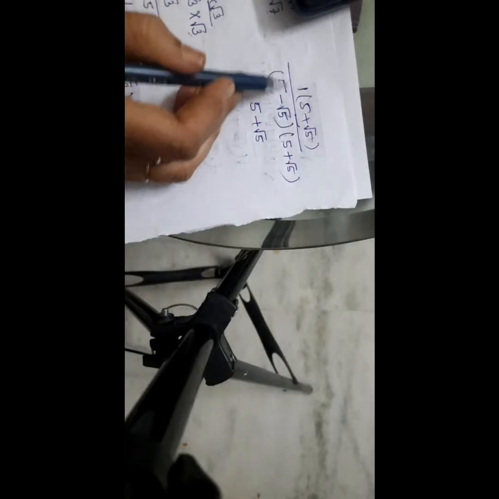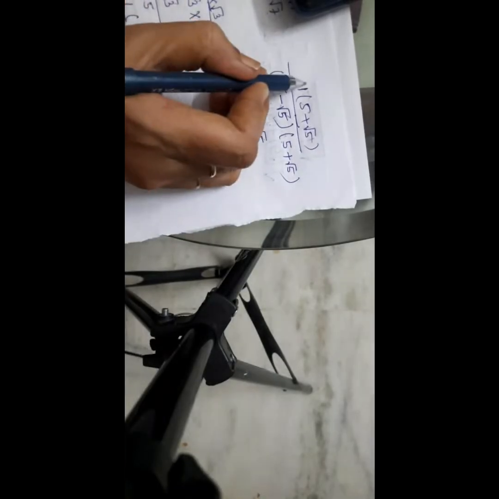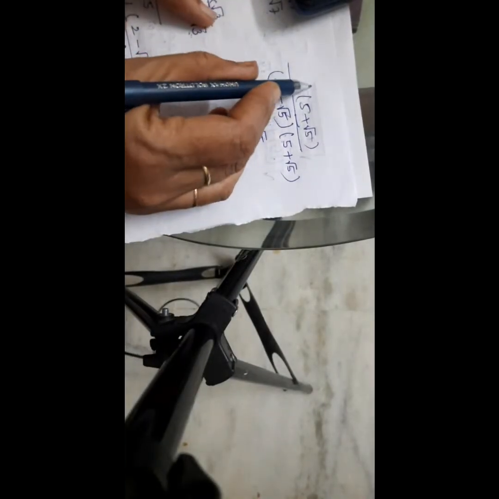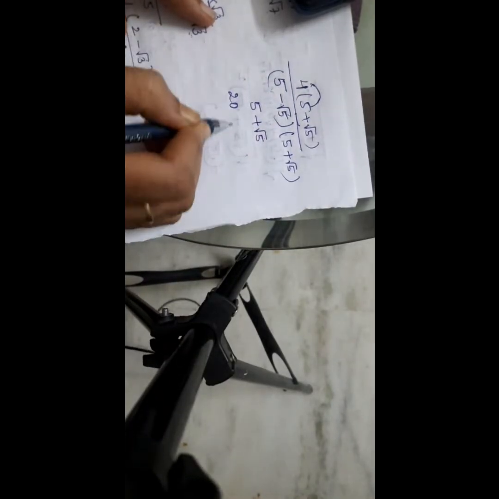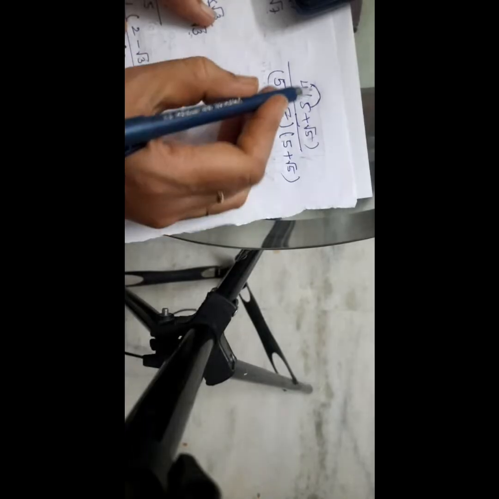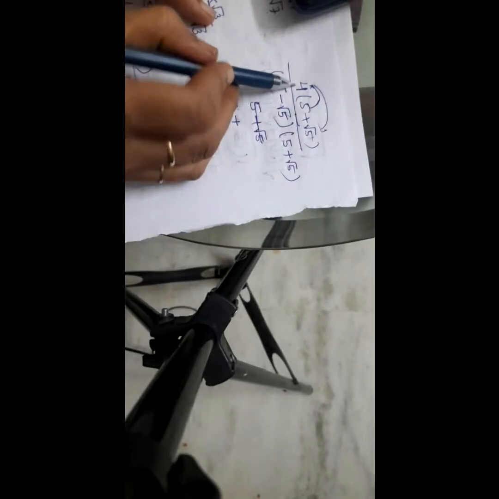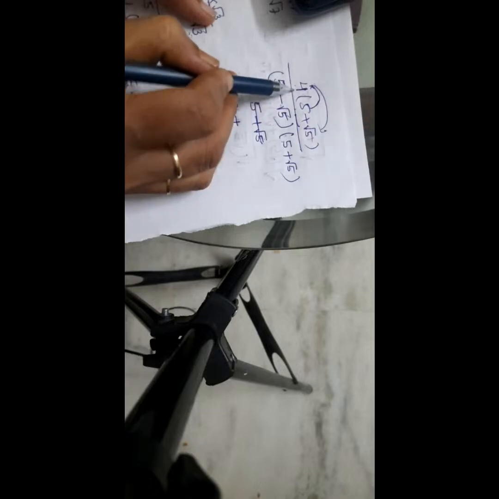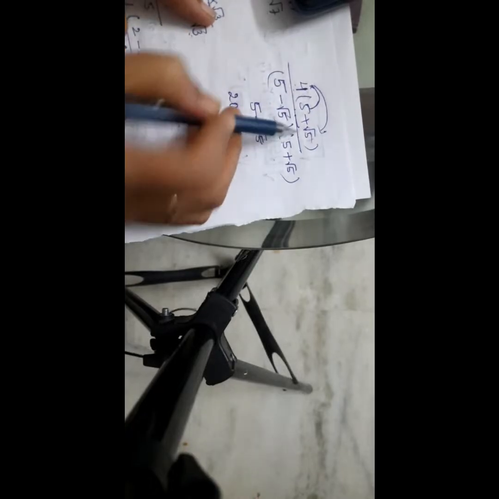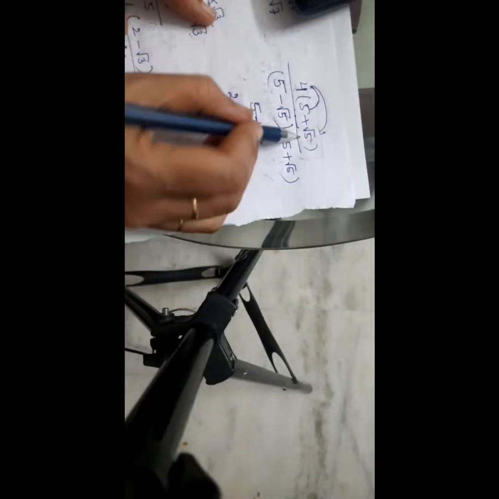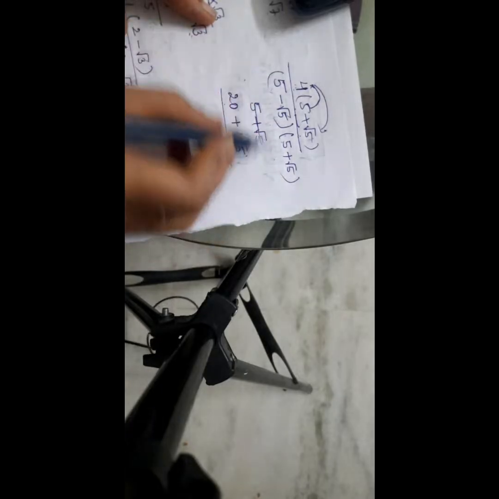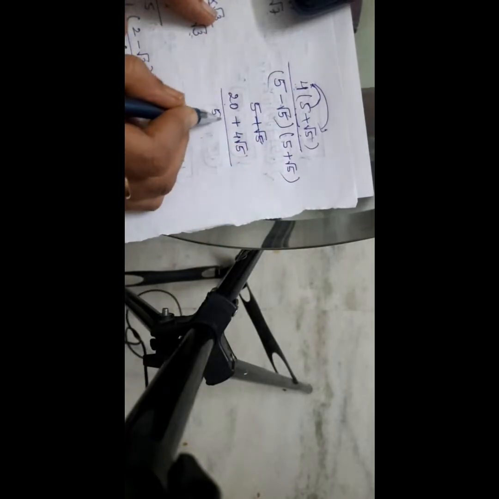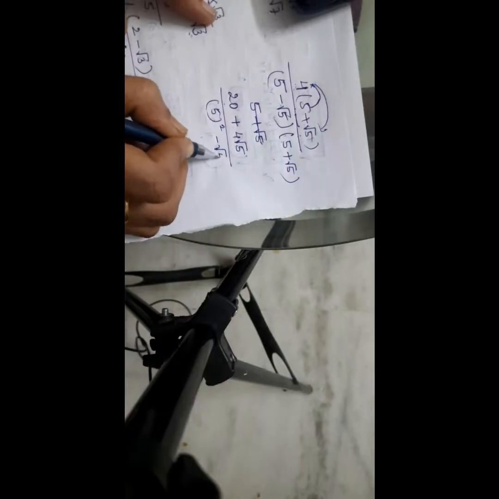As we have 1, if suppose instead of 1, 4 is there, what are we going to do? We simply multiply the number as we multiply. So here it is 4 fives are 20, then plus 4 root 5. The first number we multiplied with the first one, then the first with the second one. 4 fives are 20, 4 root 5. Here the terms are in plus and minus, thus it is a square minus b square.